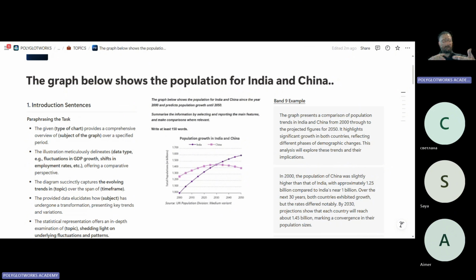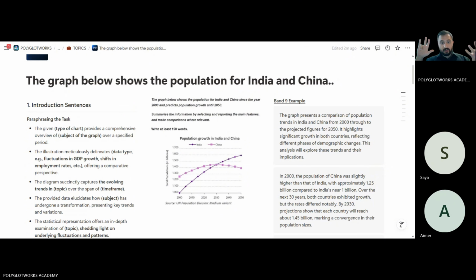So I need to find increase, decrease, fluctuations, steady, stable or not stable, unstable. Or maybe the highest, the lowest, maximum, minimum. Or if you have bar charts, pie charts, you need to look at the percentages. Which one is the most effective one for you? Then it will be the best choice for you to write something.